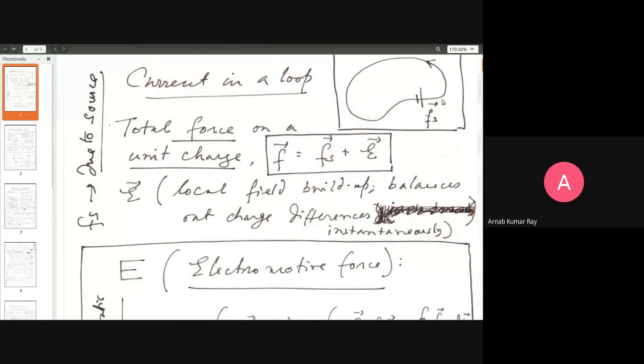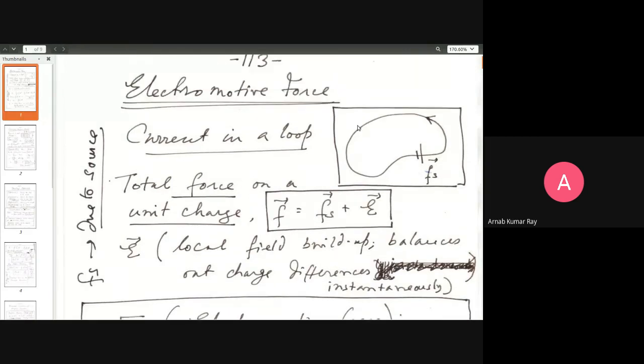Let us now try to see what happens. I've written something over here, local field buildup. Now, overall, this wire is charge neutral. When we are talking about current, we are thinking precisely of the flow of positive charges.